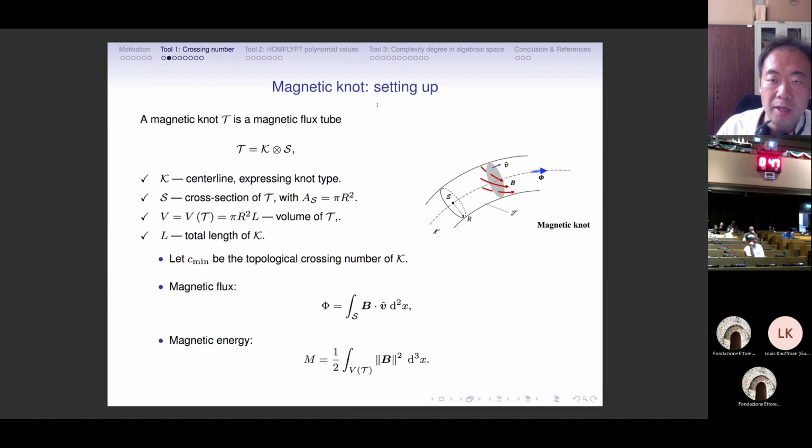Okay, let's start from the magnetic knot setup. This is a magnetic knot with center line as a knot and some cross section S, and the total length is L and the volume is V. Magnetic flux is defined as this, and the magnetic energy is this. So this page is the setup.